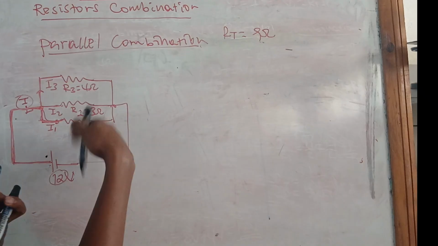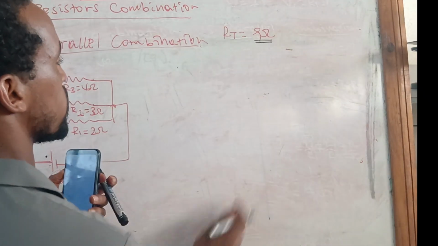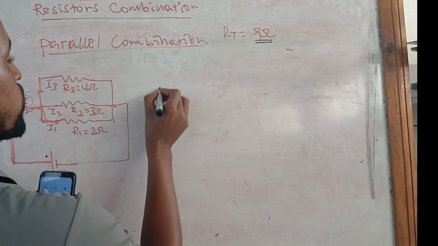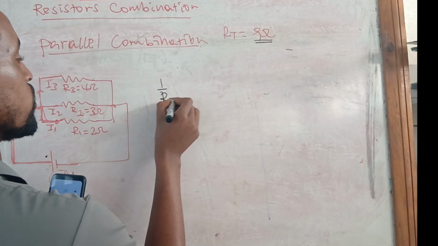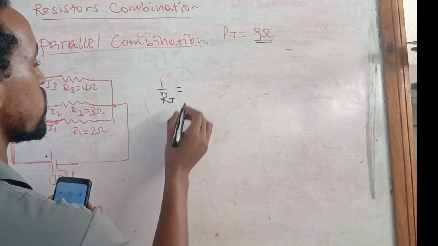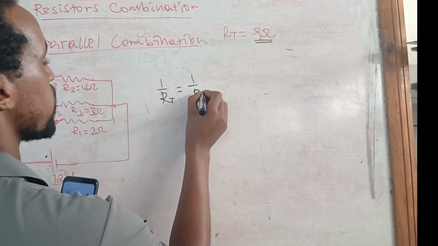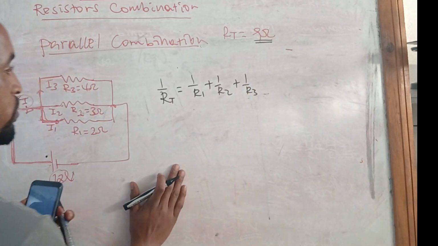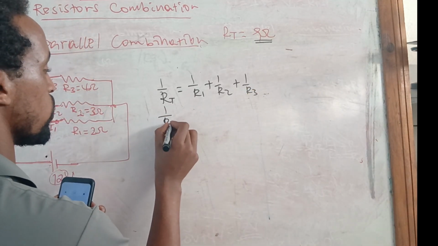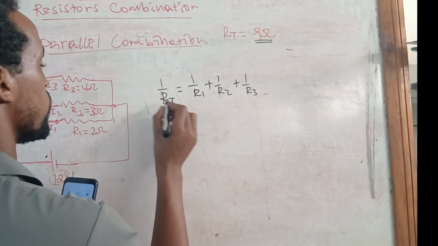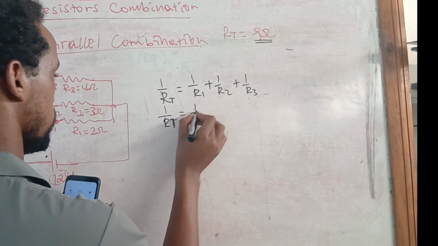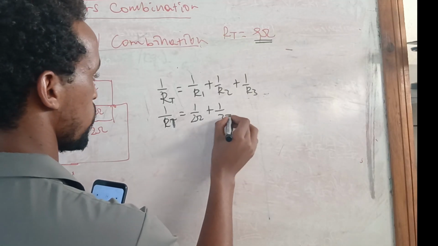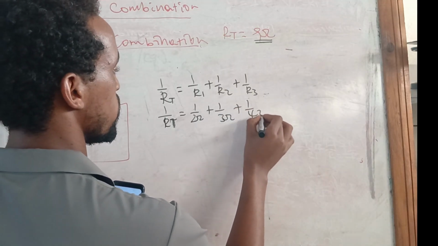Now let's work on this parallel circuit. Earlier the 9 volts came in the series case, and now let's check what comes here. We know that 1 over R total is equal to 1 over R1 plus 1 over R2 plus 1 over R3. Substituting our values, 1 over 2 ohm plus 1 over 3 ohm plus 1 over 4 ohm.